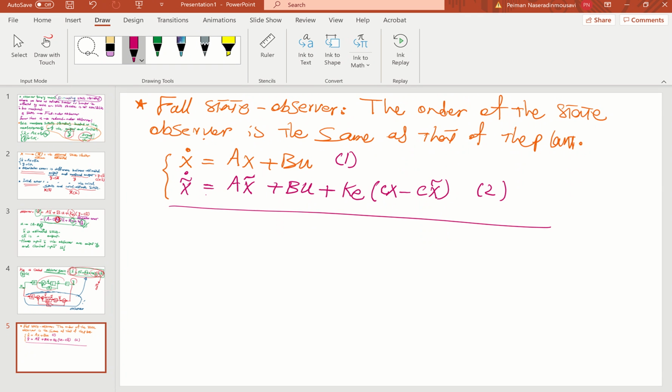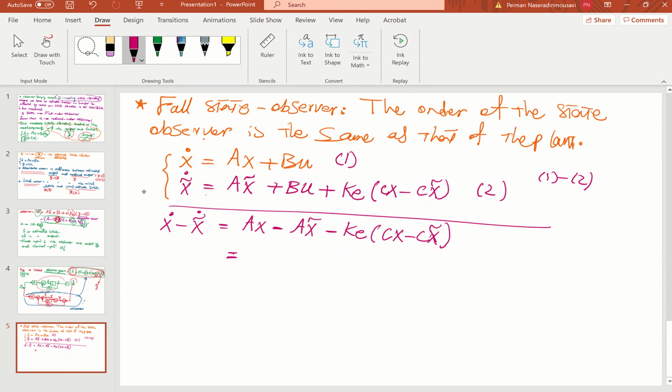If I subtract 2 from 1, it yields x dot minus x hat dot equal to Ax minus Ax hat, minus KE (Cx minus Cx hat). That's right. So obviously, if you rewrite this, you're going to have this.